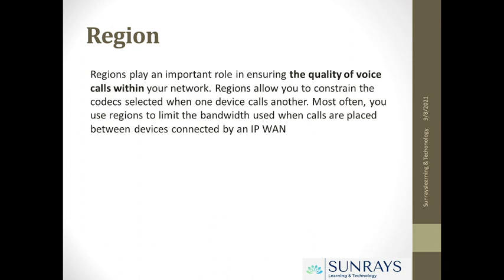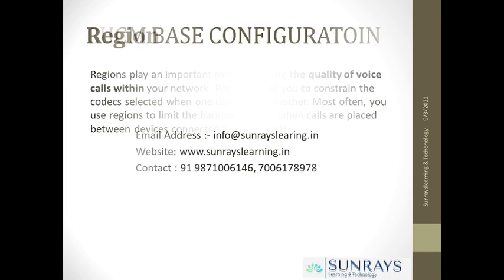G729 is a codec which gives us very good voice over IP, so for internal calls I can use it. For intercluster, say one cluster is in the US and one is in India, if any user is placing a call from India to the US, I will not give them that high a quality codec. So I can use G711, or I can use iLBC. So by regions we segregate the codecs, the quality of the voice.